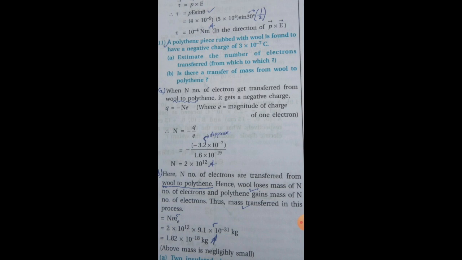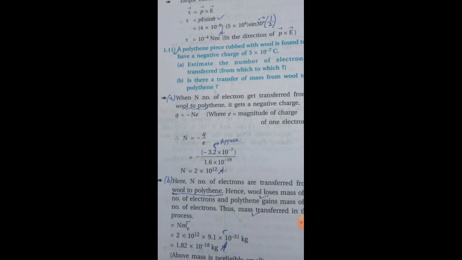So polythene gets negative charge while wool becomes positively charged. Wool to polythene.